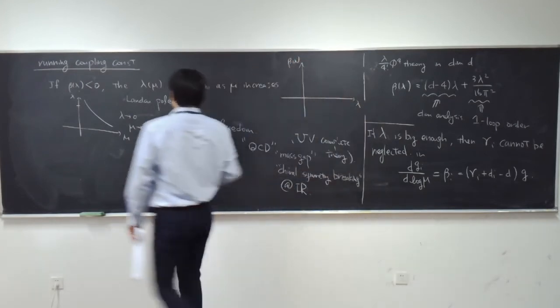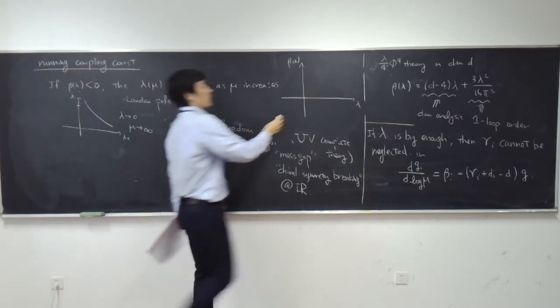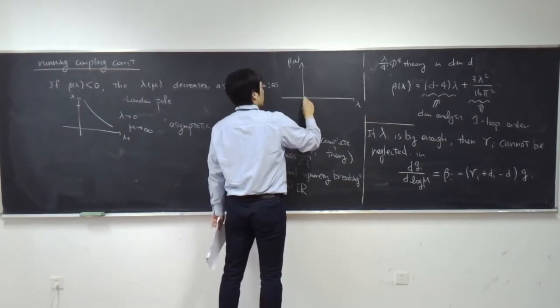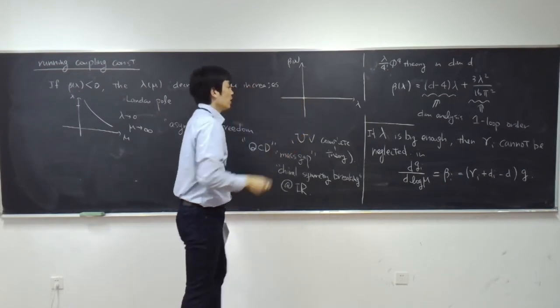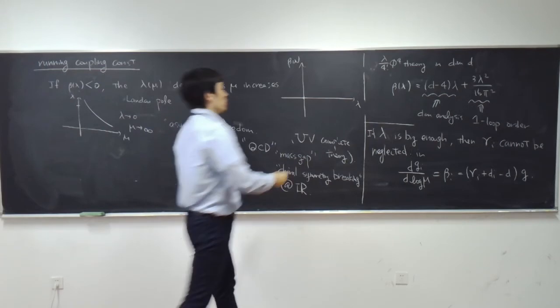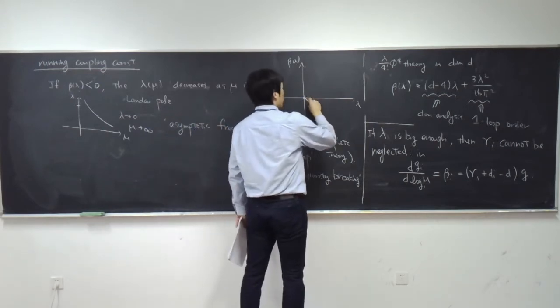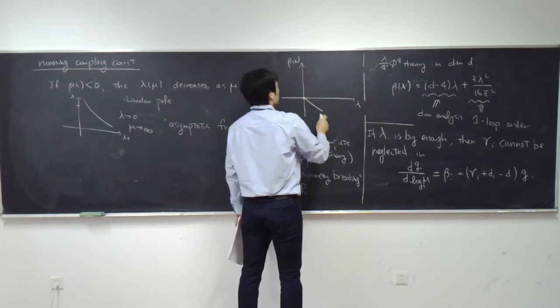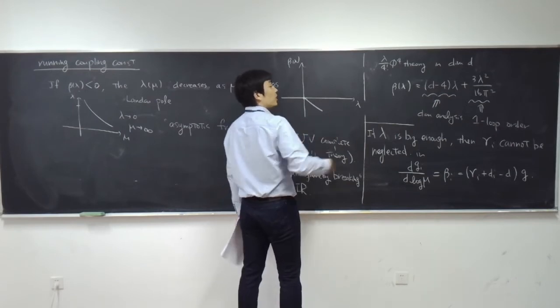So at UV, lambda equals 0 and beta goes to 0 because it becomes a free theory. But once you decrease the energy, the beta function becomes negative.